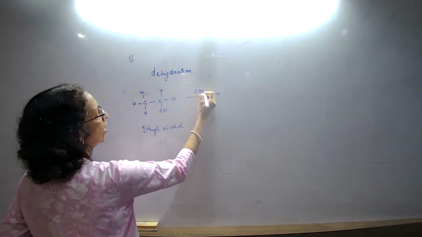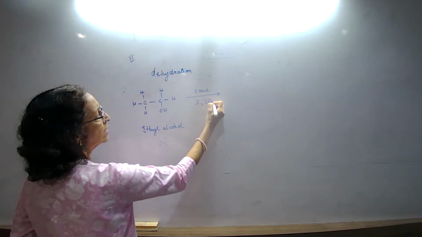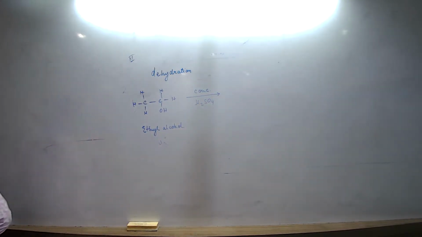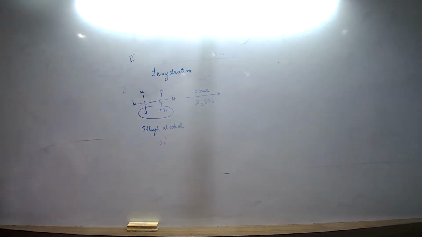Concentrated. This is concentrated sulfuric acid. Sulfuric acid is acting as a dehydrating agent. Dehydrating means what? Hydrate is water. Dehydrating means removal of water. So can you see the water is getting removed here? Samjha?